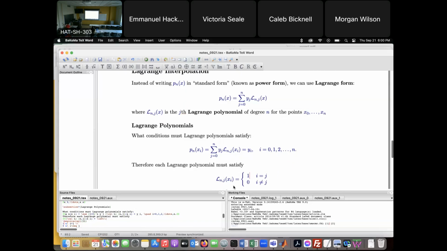Otherwise, at the other given x values from your data, it must be 0. So by satisfying these properties, then this will happen. So now I just have to show you how do we construct all of these polynomials that have these properties?